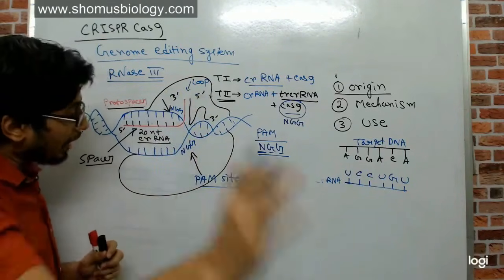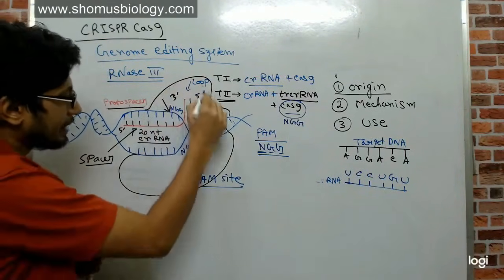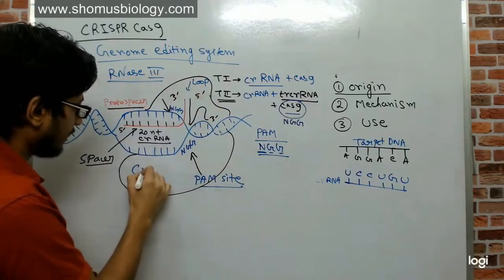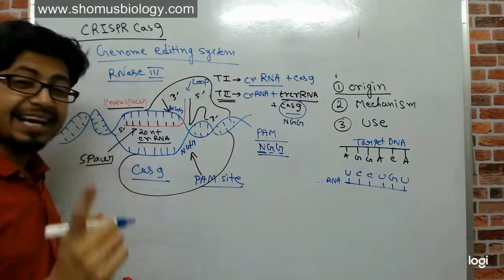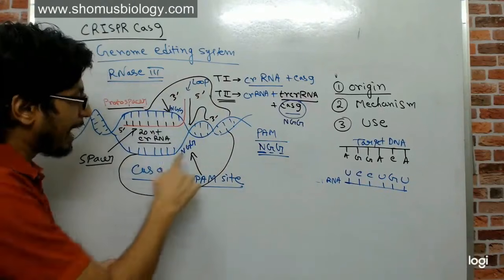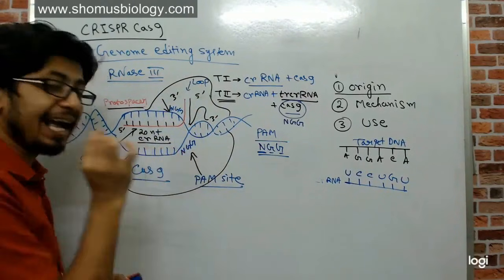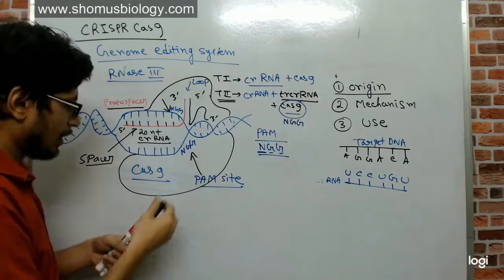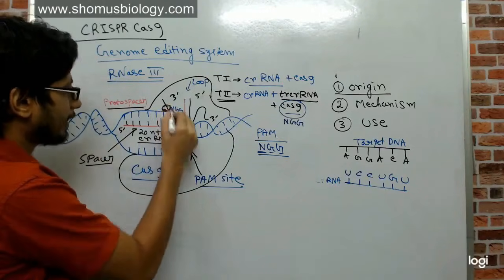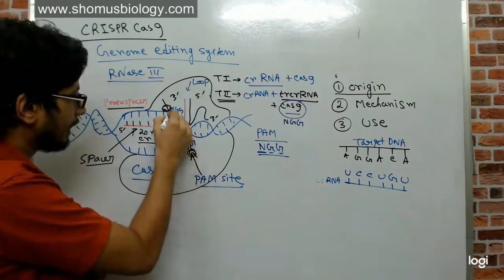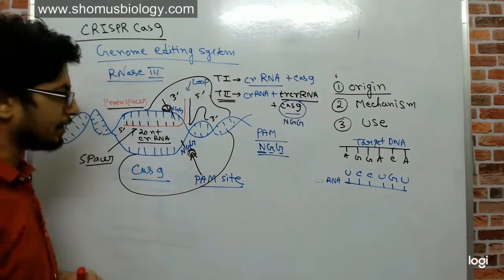After the loop is cleaved, this structure, the Cas9 protein, a molecular scissor, has its PAM sites activated where the catalytic units are. One catalytic unit here and another here will cleave the DNA from this specific location.